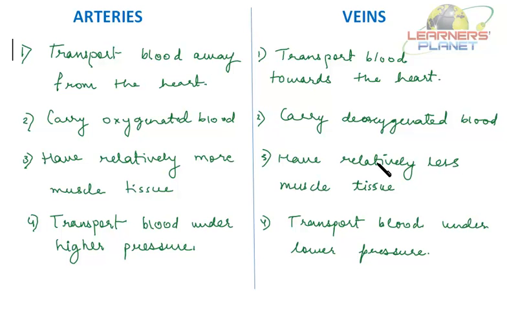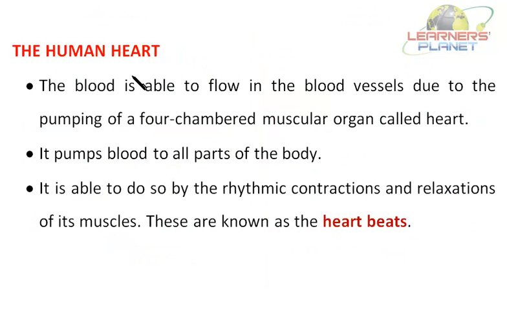So that was all about the blood vessels and the difference between arteries and veins. We will now move to another important topic, and that is the human heart. So let us study about it. Yes, students, the human heart.